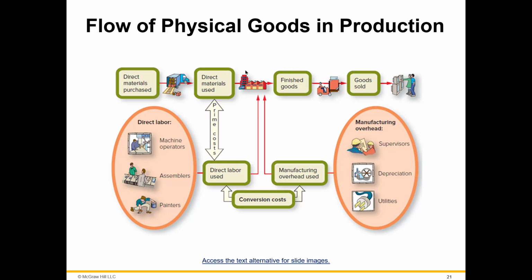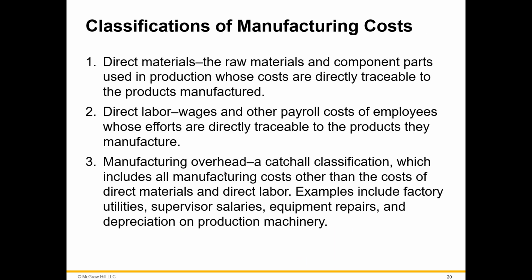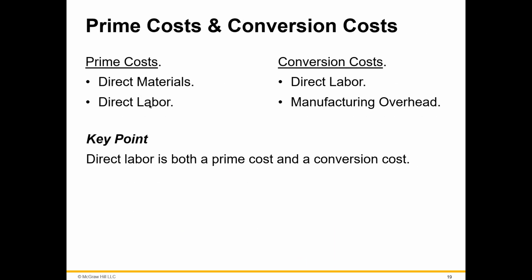And so we think about the physical flow in production. There are some direct materials purchased, like a hard drive, right? And we store those and have those there. Then some of them we're going to use and put into the final product, the finished goods. So we have direct materials, and we also have direct labor. If we go back a couple of slides, we'll see that direct material and direct labor are our prime costs.